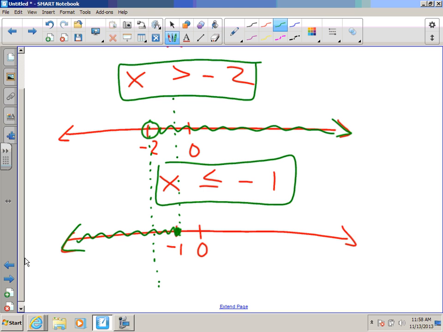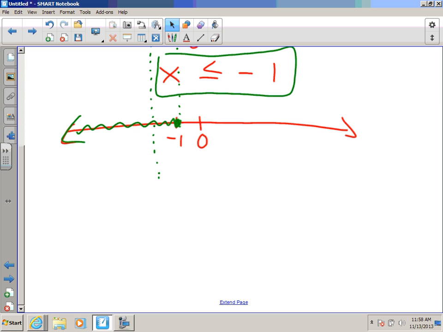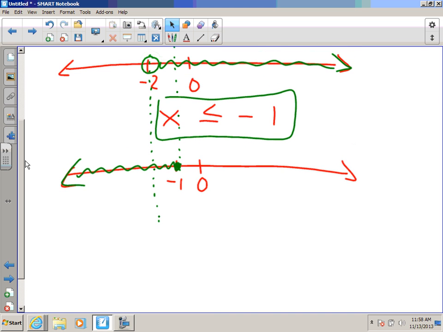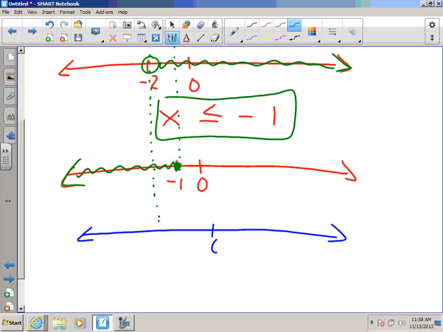If I were to regraph showing the "and," I would put our 0, locate our -1, locate our -2, because what's shared is this small part in between -2 and -1. Since it was a circle here and a point there, that tiny portion is the only part they share.